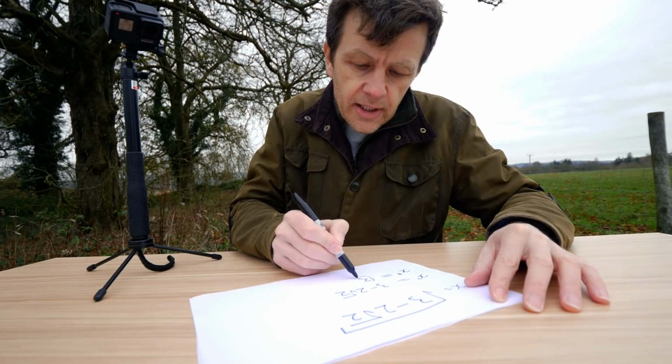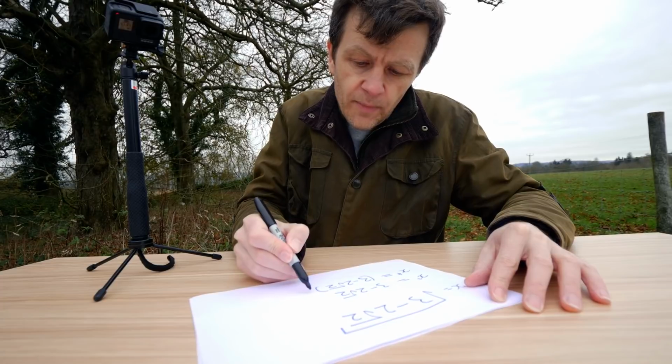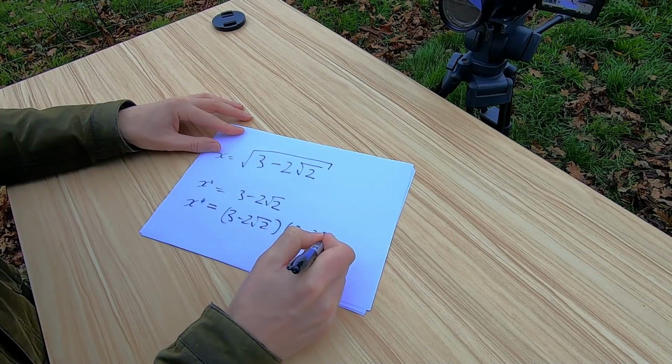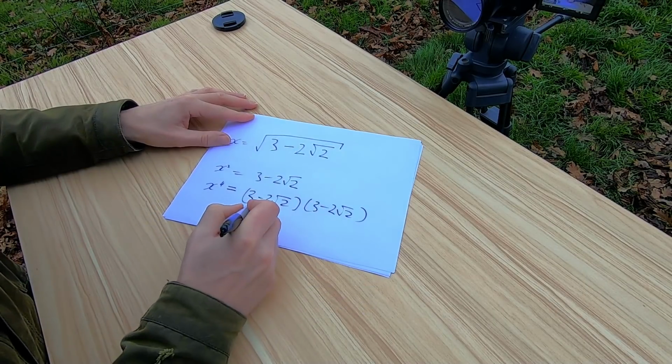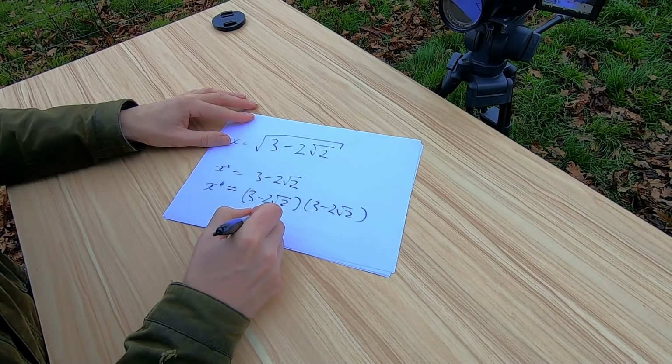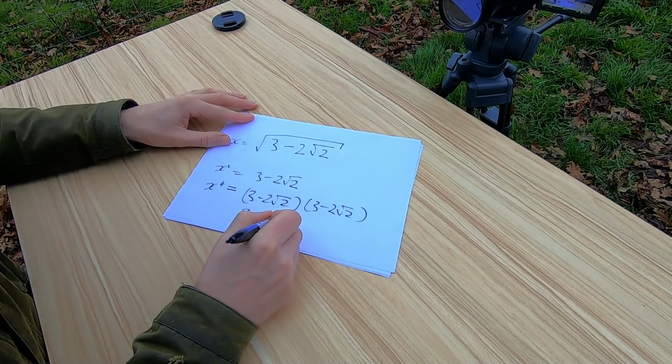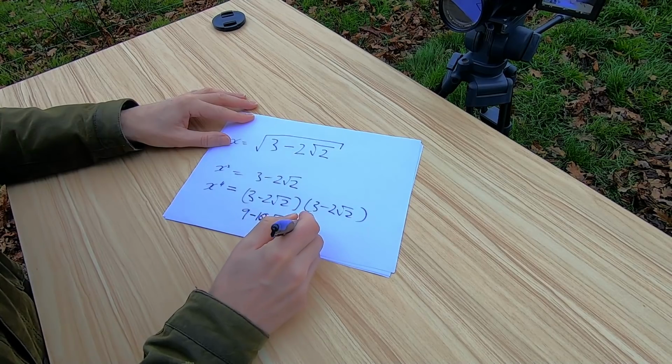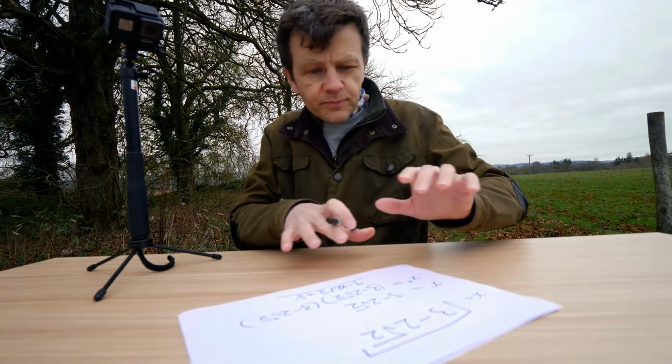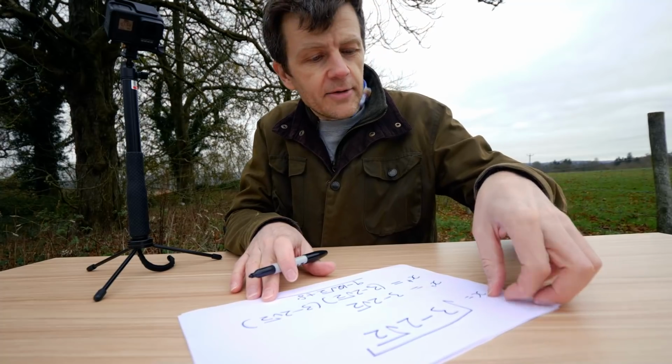That gives us 3 minus 2 root 2 squared, and if we multiply that out, we get 9 minus 12 root 2 plus 8, and you start really going down a rabbit hole that you'll never get out of.